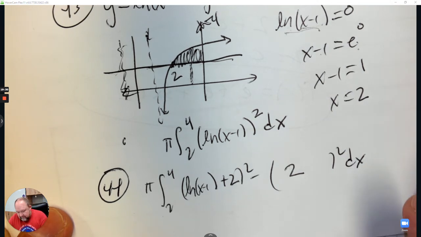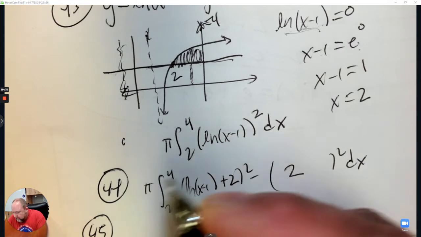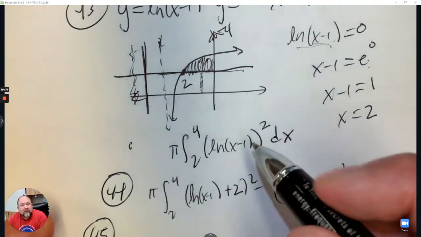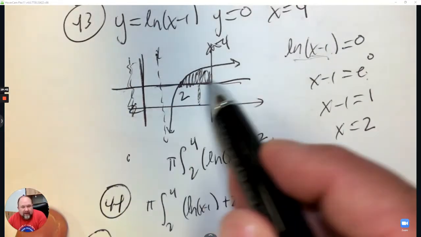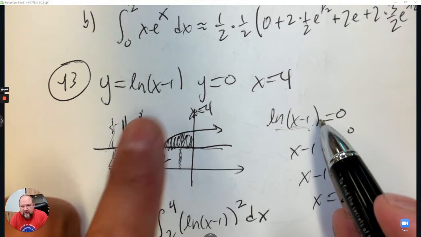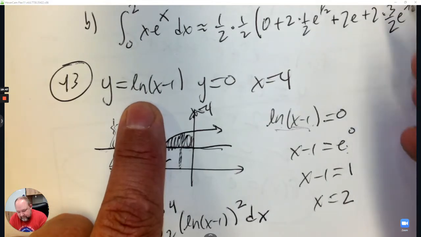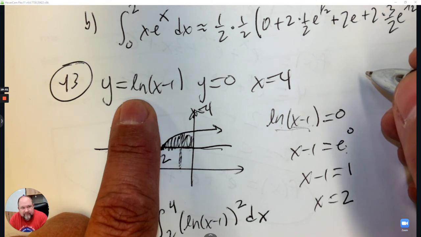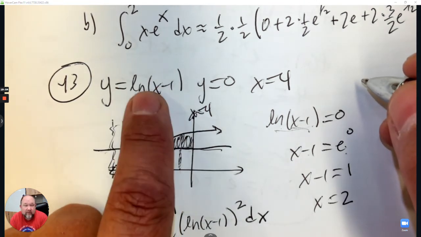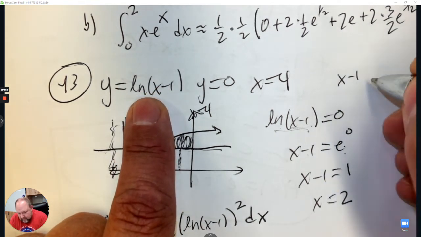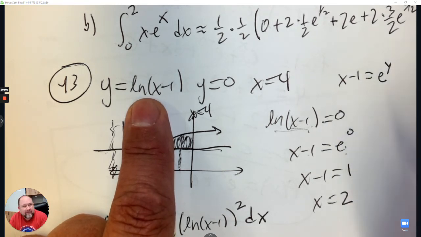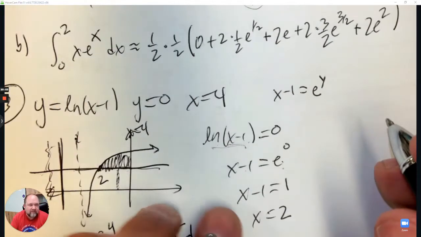Number 45. Now the solid's formed revolving around the y-axis. So if I revolve this around the y-axis, now I need to change this. So if I write this exponentially, because I need to know what x equals, what's inside the logarithm, the base, into the exponent y, and then I need to solve for y.